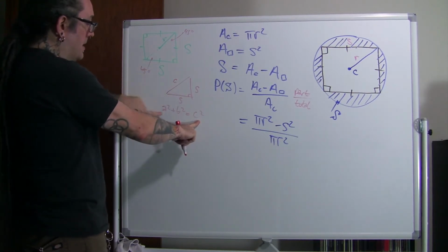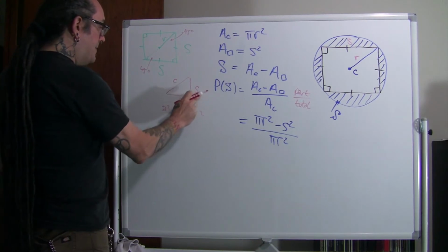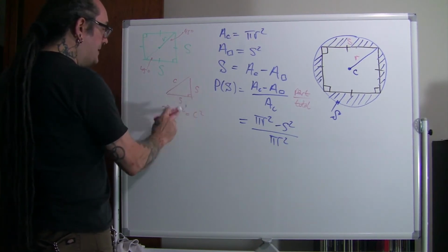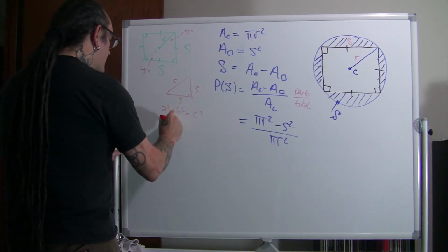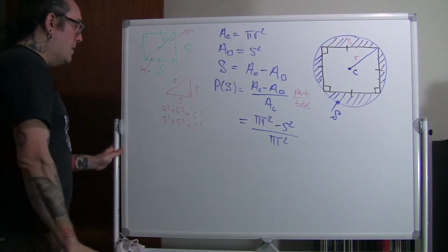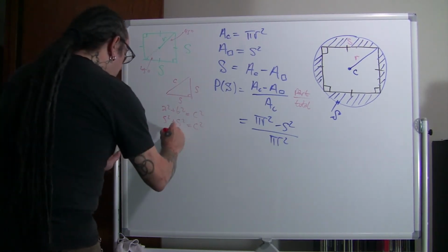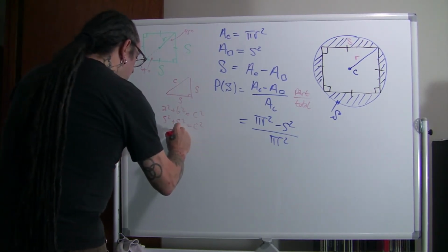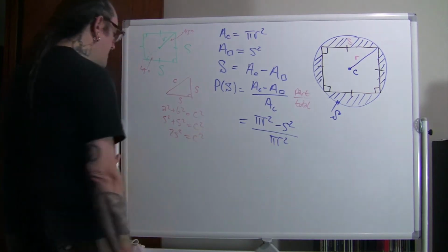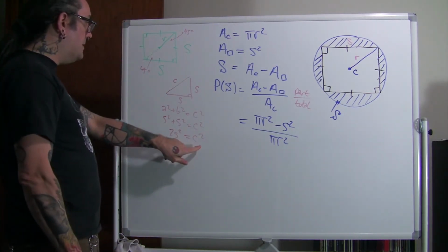Right triangle, and our buddy, the Pythagorean theorem. Here a and b are both s. S squared plus s squared equals c squared. S squared and s squared are like terms, so 2s squared equals c squared.